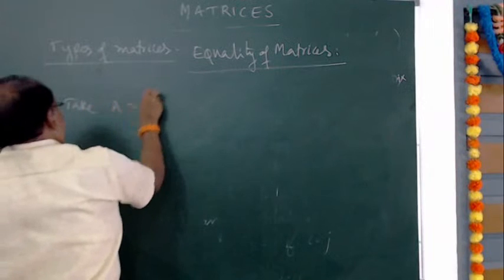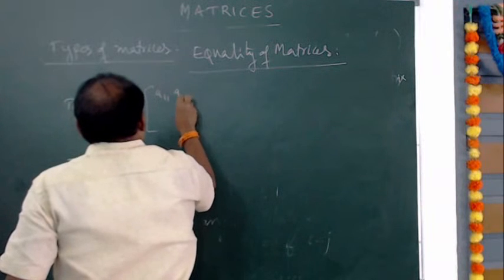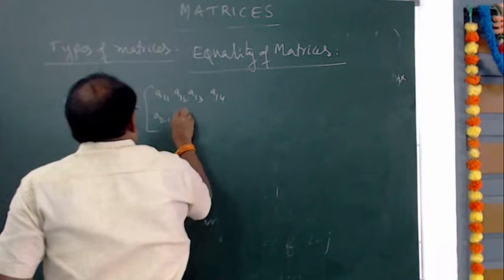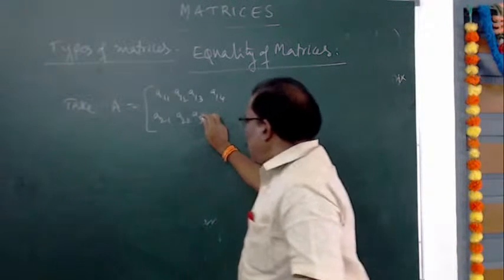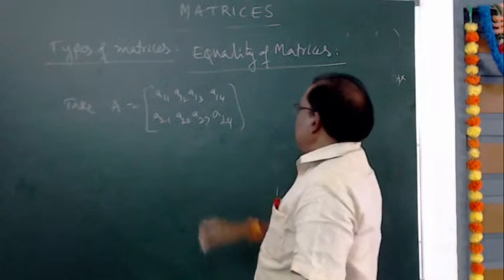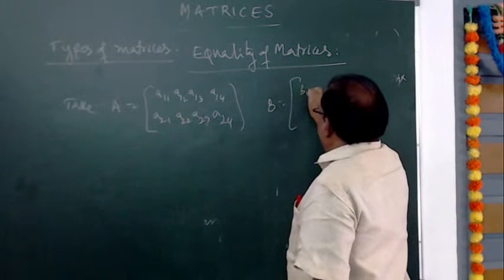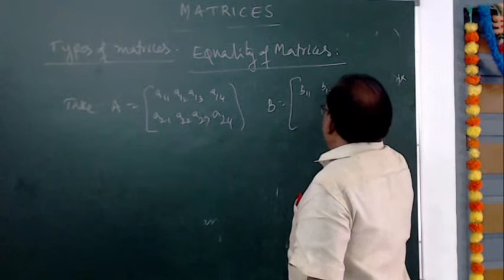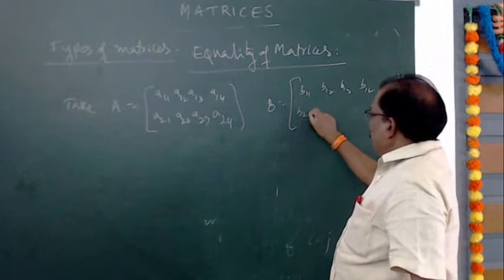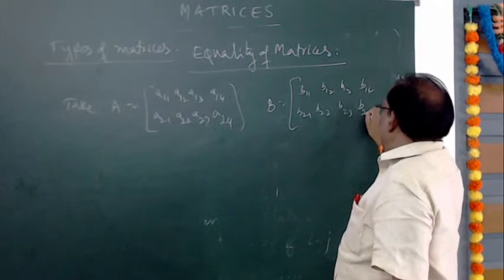First of all, take an example. A is equal to A11, A12, A13, A14, A21, A22, A23, A24. This is matrix A. And matrix B is B11, B12, B13, B14, and B21, B22, B23, B24.